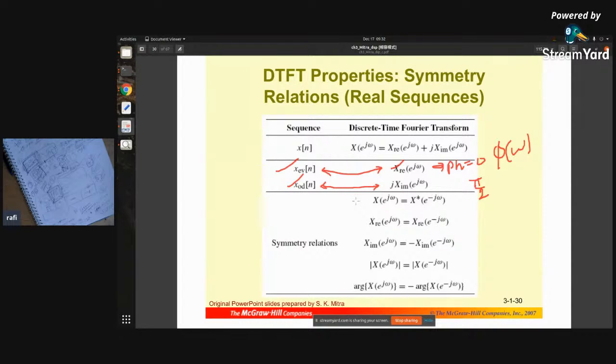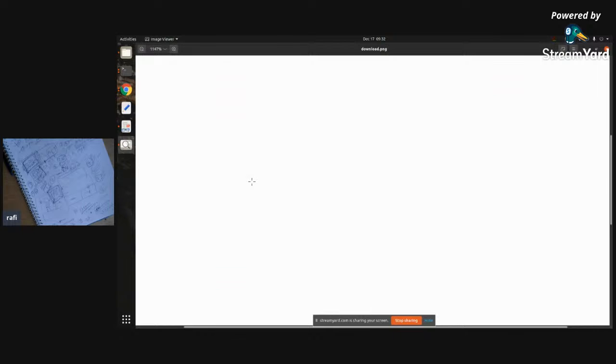Now one more important property here is that X of e power j omega is the same as X star of e power minus j omega for real signals. Why? So what is X of omega?